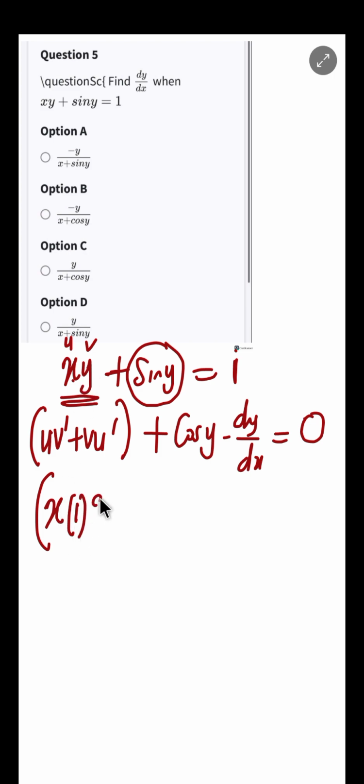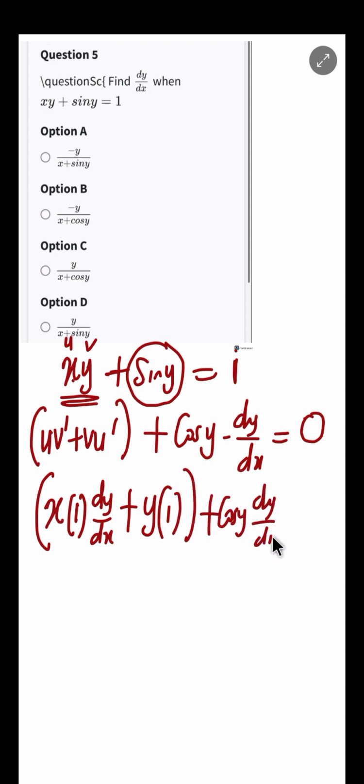Remember to put dy/dx. Then plus, what is v? v is y. And what is u prime? Differentiate x. That's 1. So whatever you have to do there now is to make dy/dx the subject of the formula.